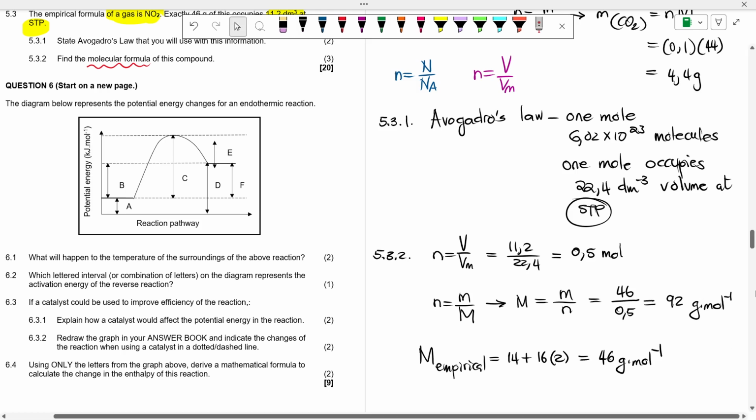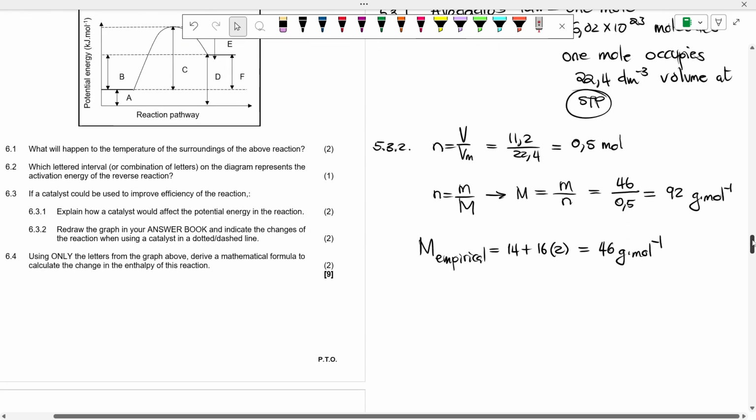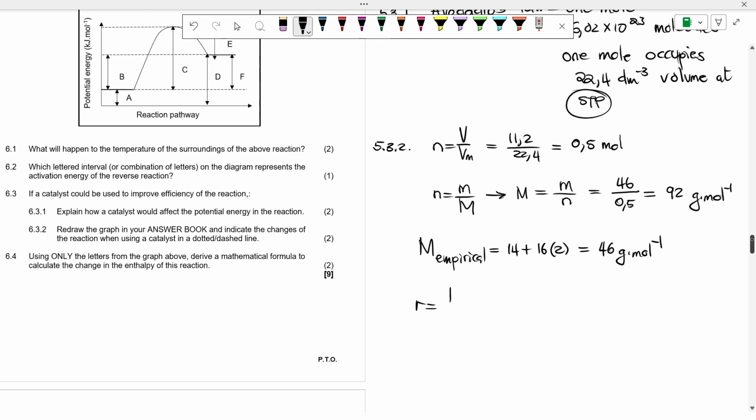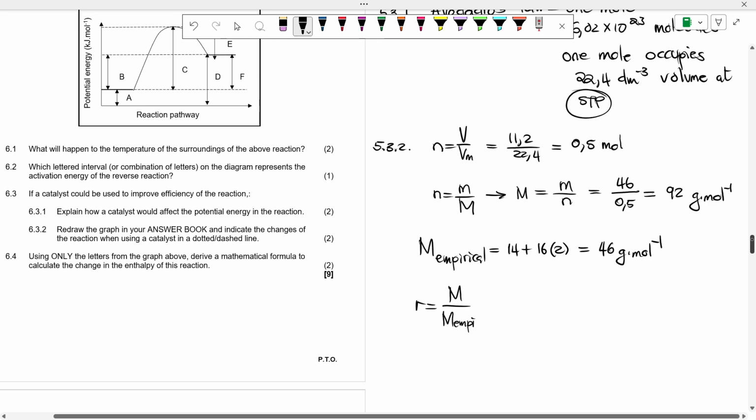Okay, then we can find that ratio. Maybe we didn't have to do it this way, but still that works. Maybe there's a simpler way, but anyways, we do what we know. I'll just call this R, and it's the molar mass divided by the molar mass of the empirical. And that's 92 over 46.